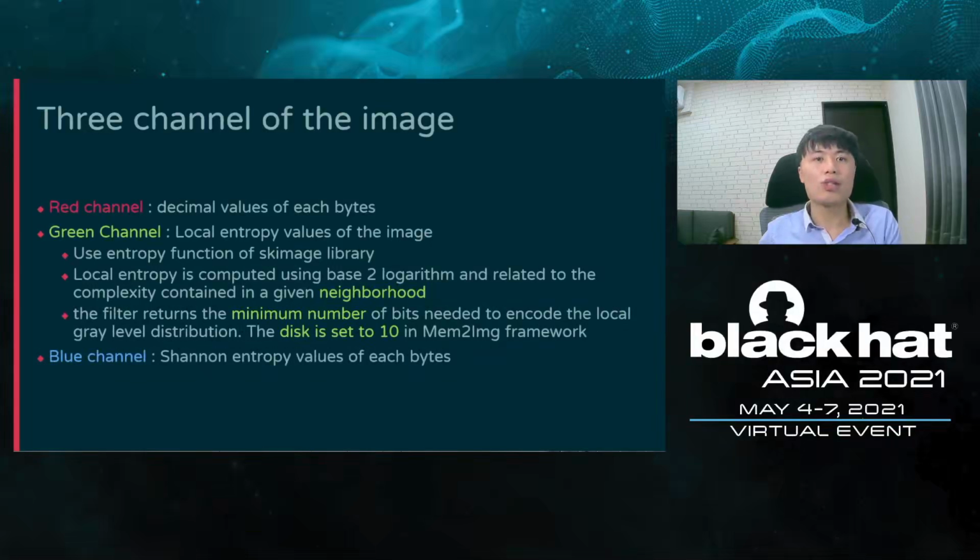The local entropy can show some complexity relationship contained in a given neighborhood. The filter returns the minimum number of bits needed to encode the local gray level distribution. The disk is set to 10 in the Mem2Img framework. The blue channel is composed of channel entropy values of each byte.